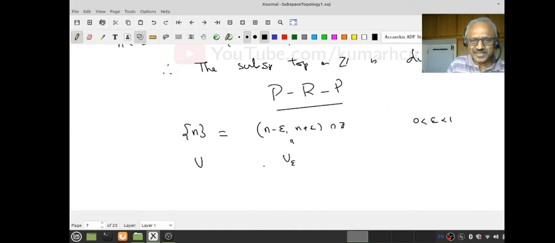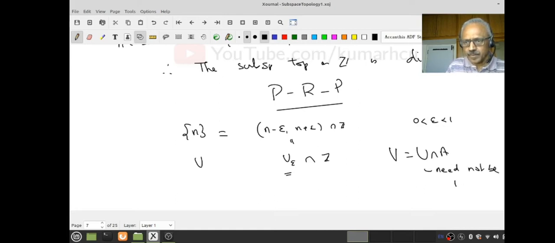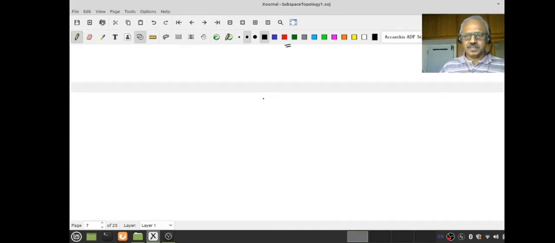If you call this V, this is U epsilon intersection Z. This U epsilon keeps varying. The same set V can be obtained as U intersection A with different U's. That's what I am proving. Have you understood? So when I write V equal to U intersection A, this need not be unique. Keep all these things, okay? Right.